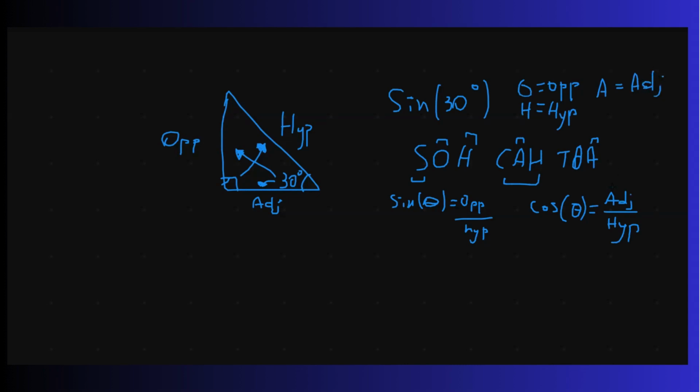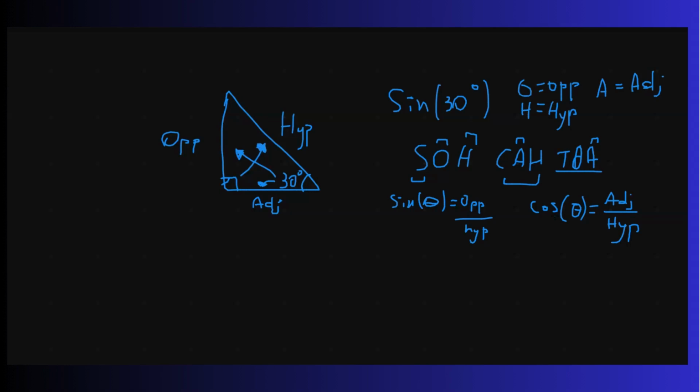So, now that we have this information, what this is saying here is that sine is equal to the opposite over the hypotenuse. What this is saying here is that the cosine is equal to the adjacent over the hypotenuse. And if you guys can, please pause the video and figure out what TOA means as well.